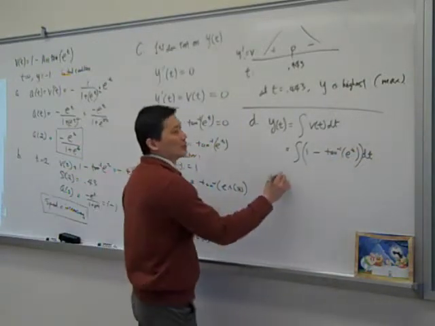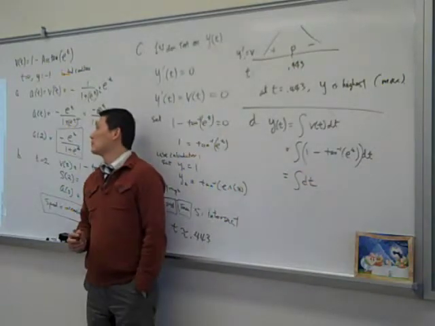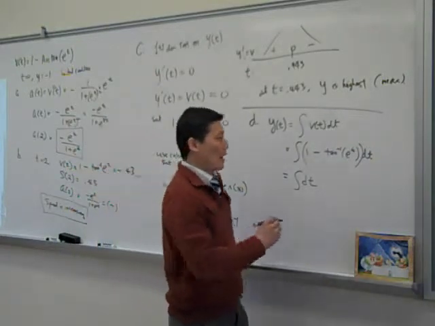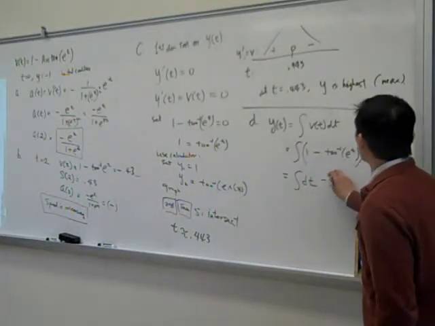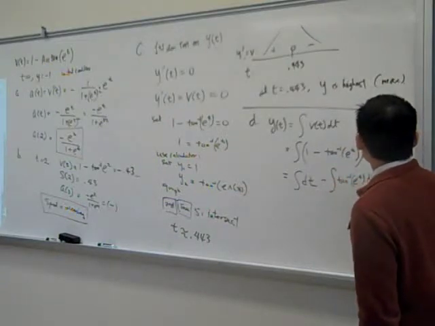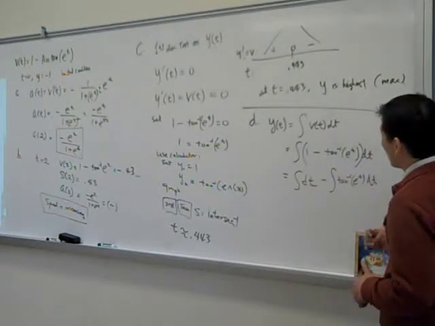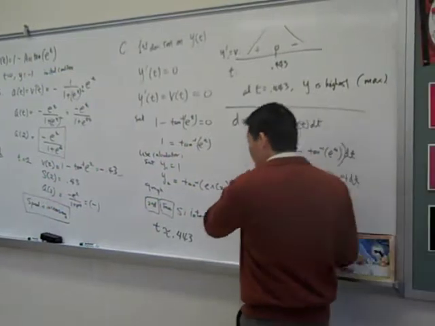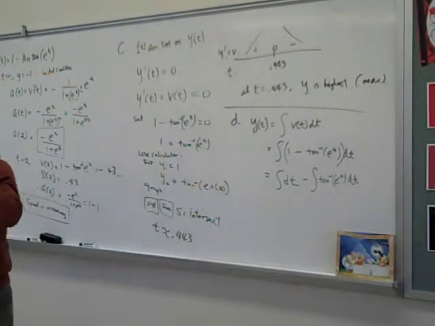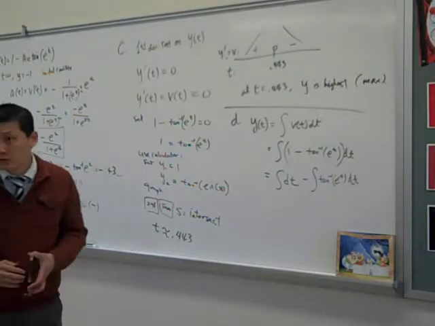This we can split into the integral of dt minus the integral of inverse tangent e to the t dt. Okay. Now this is challenging, and the problem here is that we will have to solve the indefinite integral, which is a little challenging.